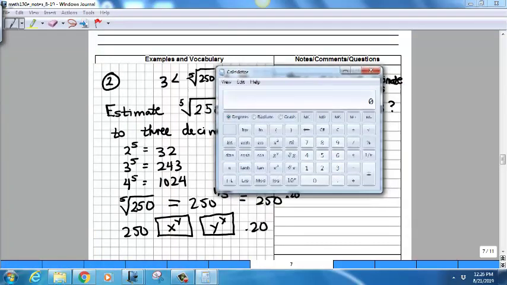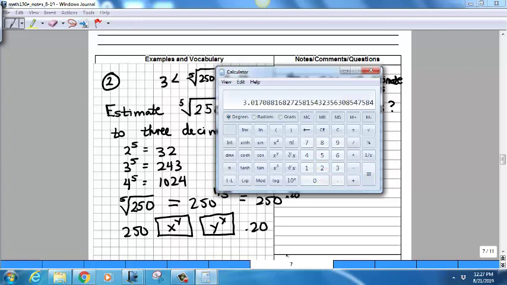But there we have 250. And notice, there's that x to the y power key. Oops, I didn't type it in right. So there is 250, and there's that x to the y power key. Then we can just type in 0.2, and there it is.